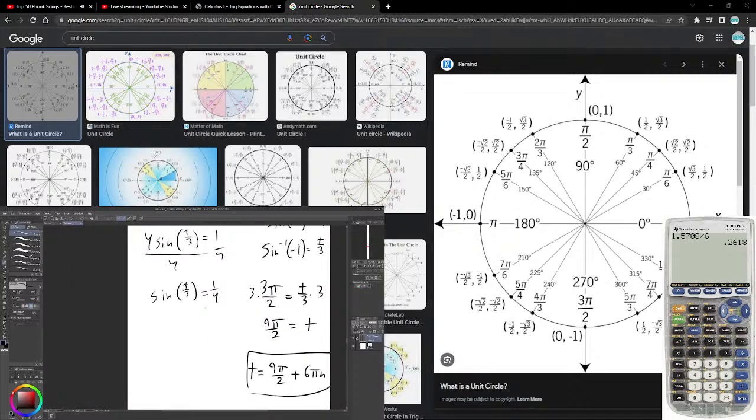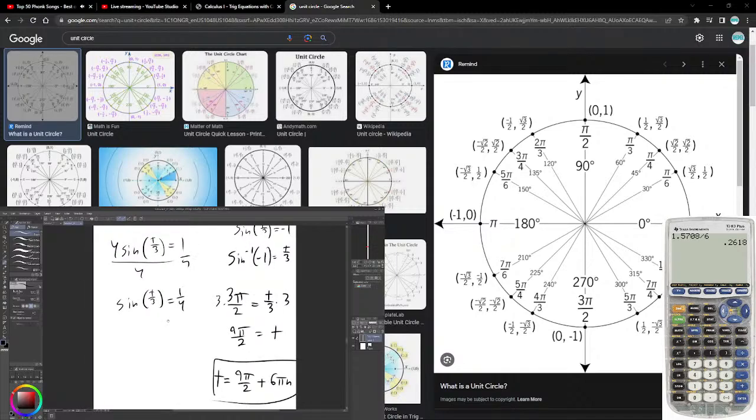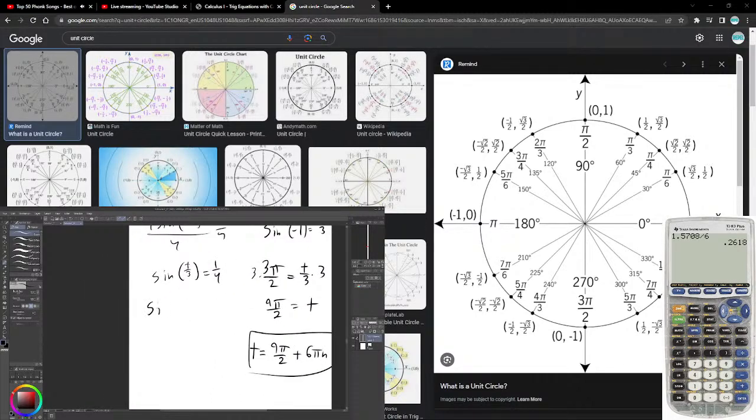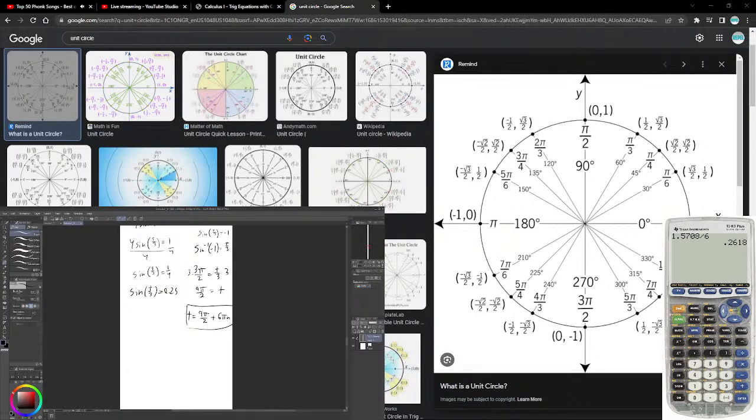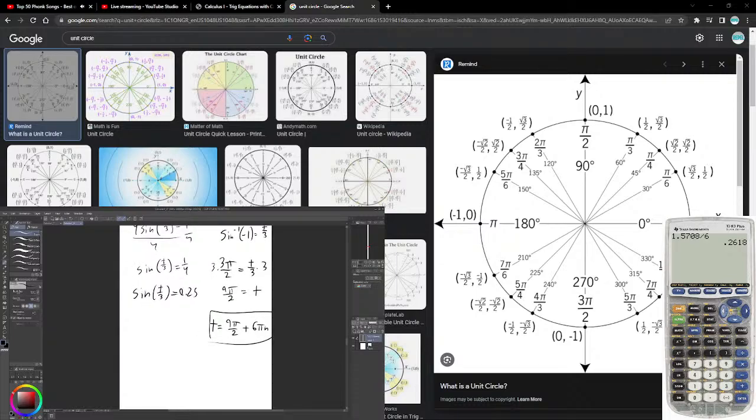Over here, this one's a little crazy. Sine t over 3 equals 0.25. I'm gonna find inverse sine of 0.25 equals t over 3. 0.2527 equals t over 3.